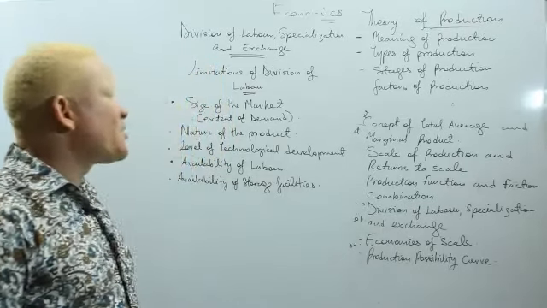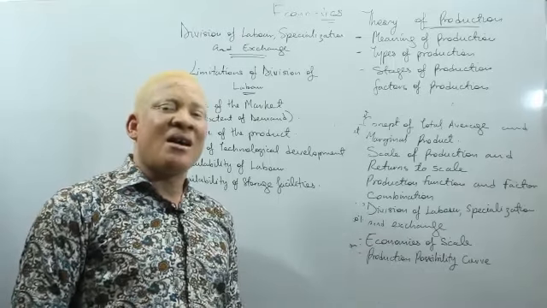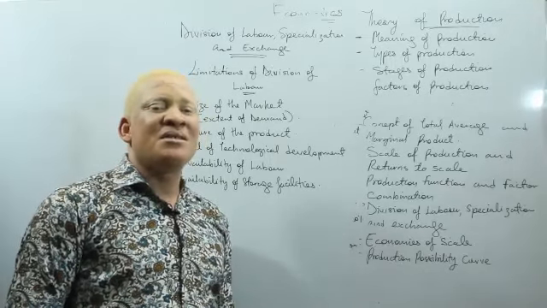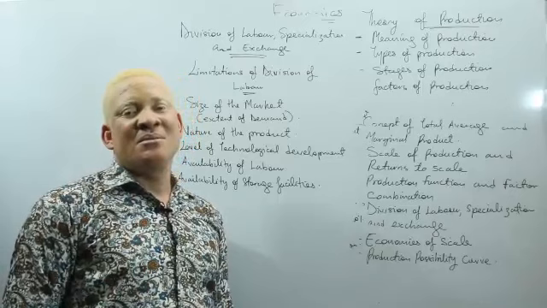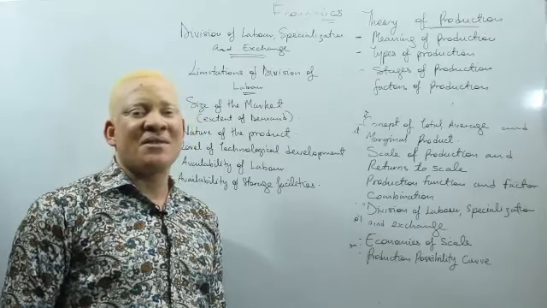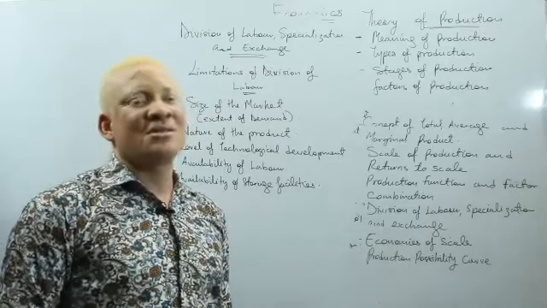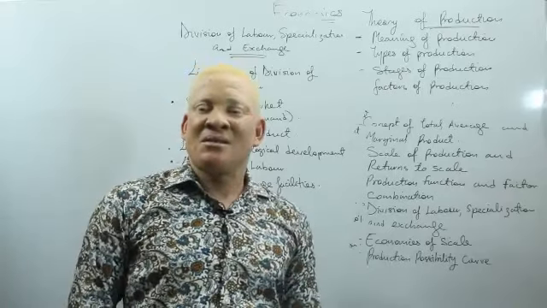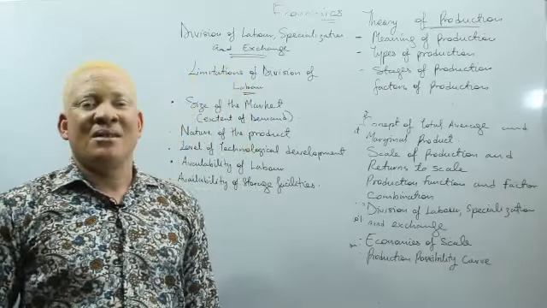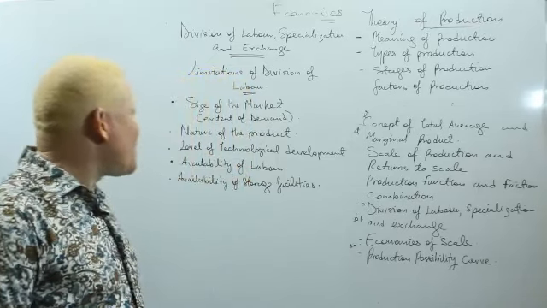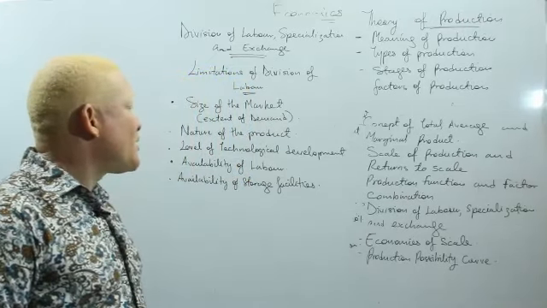The nature of the product means that some products do not need division of labor, because some products or some services need just to be done straight away. Now, the third one is the level of technological development.